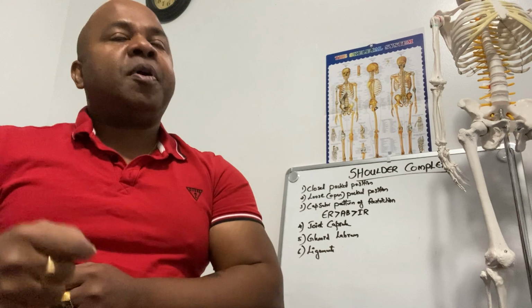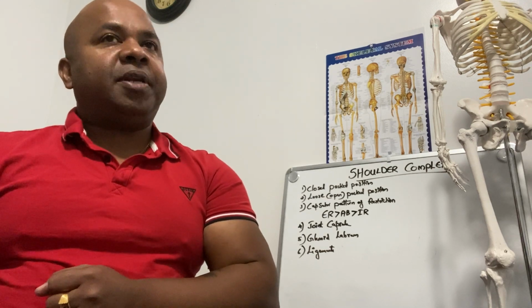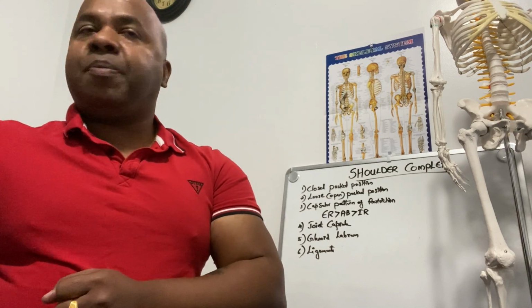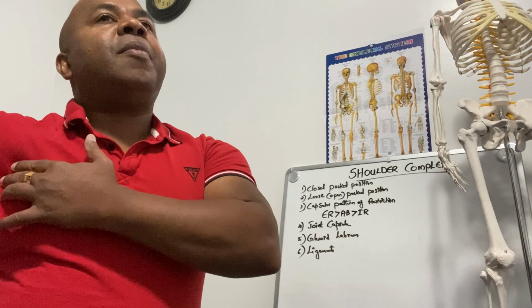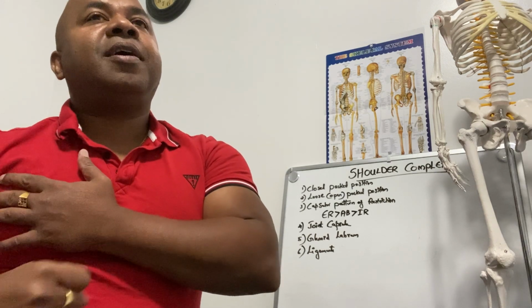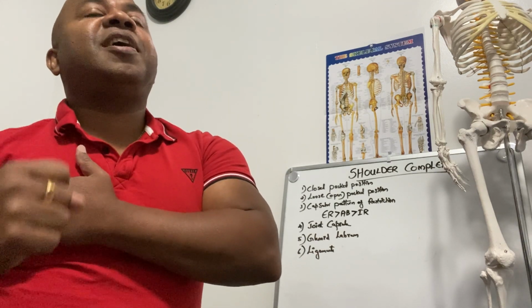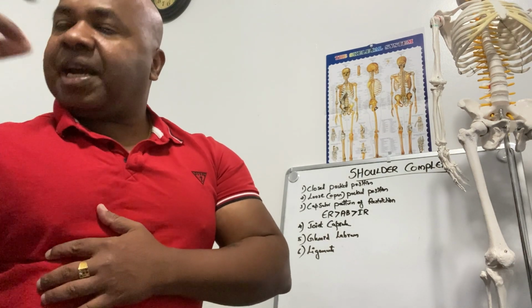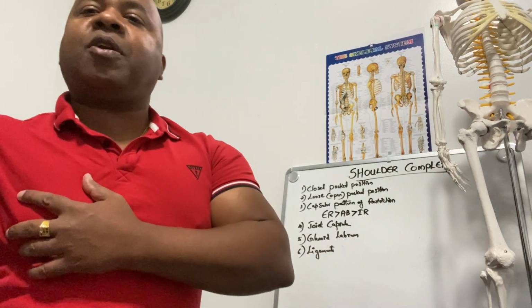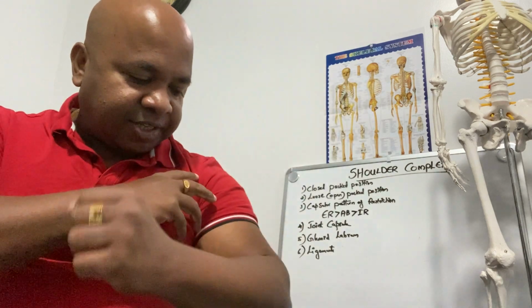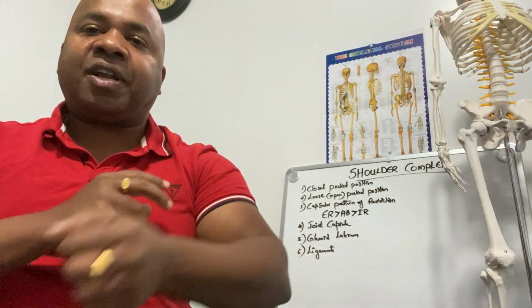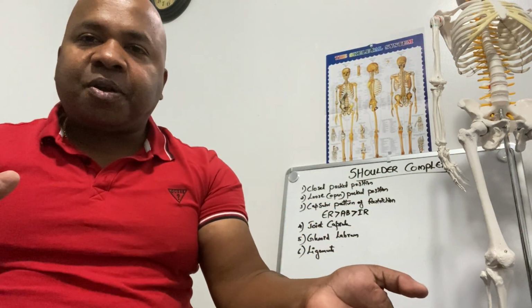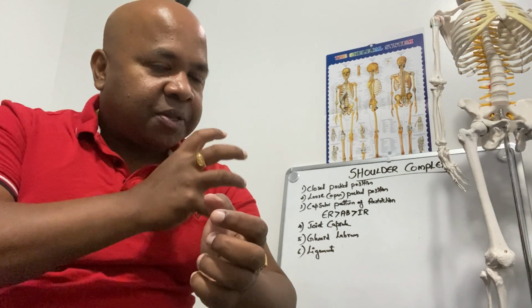And coming to the middle glenohumeral ligament, it prevents the external rotation of the shoulder. What is happening during external rotation of the shoulder? In the external rotation of the shoulder, what is happening to the head of the humerus?